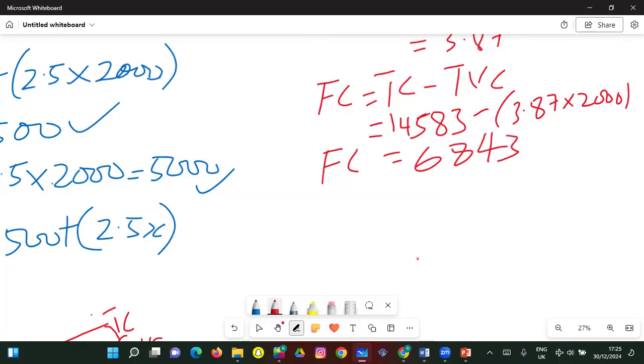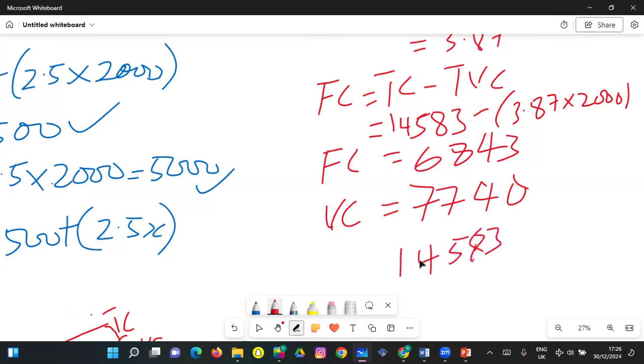And our variable cost is going to be 3.87 times the 2000, which we have in the brackets, and we get 7740, right? Which would cause our total cost to be the same 14583. That is going to be our total cost.